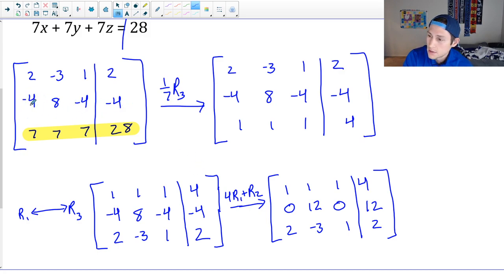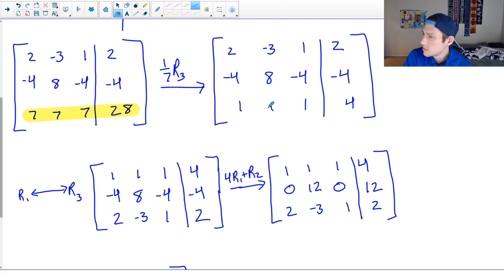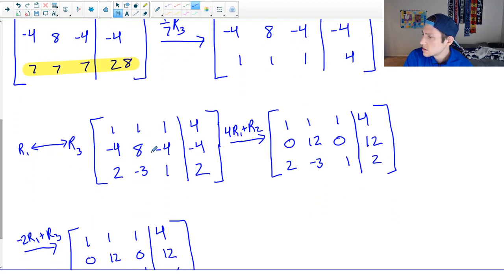That would have also created a 1 here. So that's a potential option. Let's see, 1/7, okay, that's good. Row 1 and row 3 switch. 4, 0. 4 times 1, 12. 4, 0. 16 plus negative 4, 12.